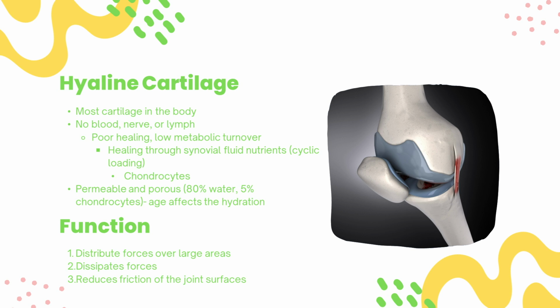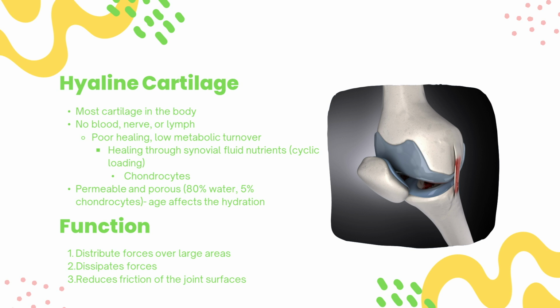All right, and so that cyclic loading is very important when it comes to healing because that allows the water to be pushed in and out of the matrix of the cartilage itself. And as we age, the actual water retention and the hydration of this matrix lessens.